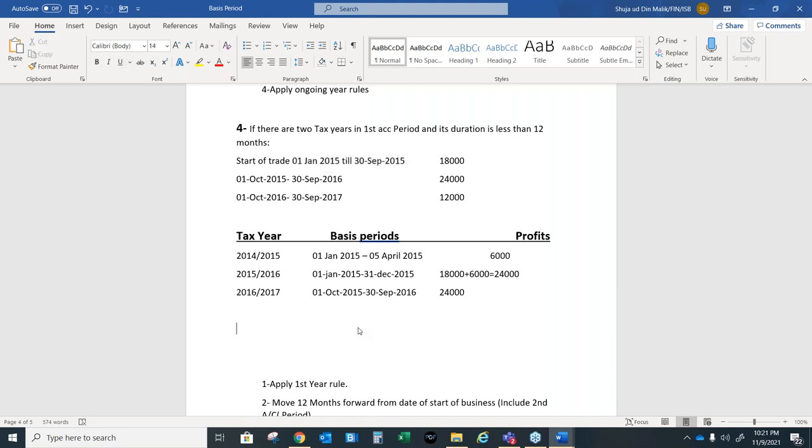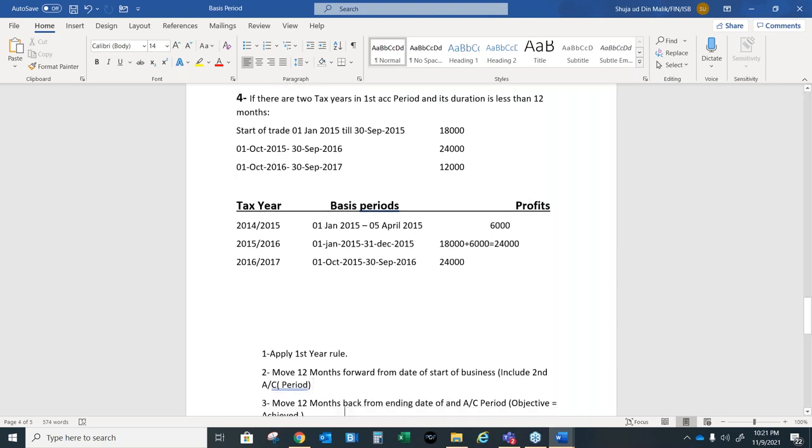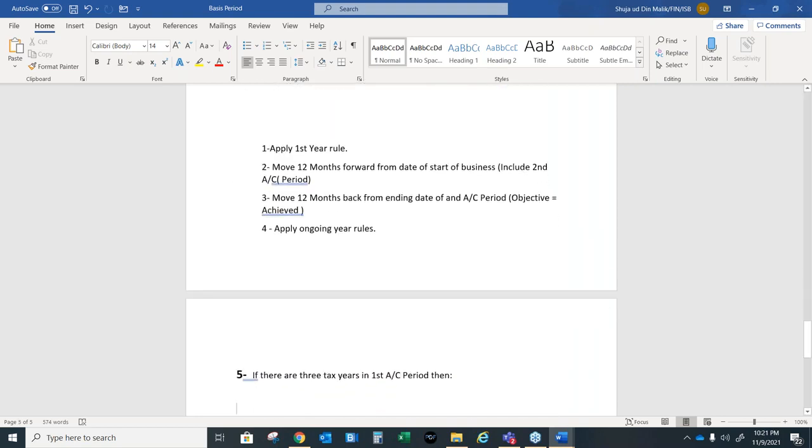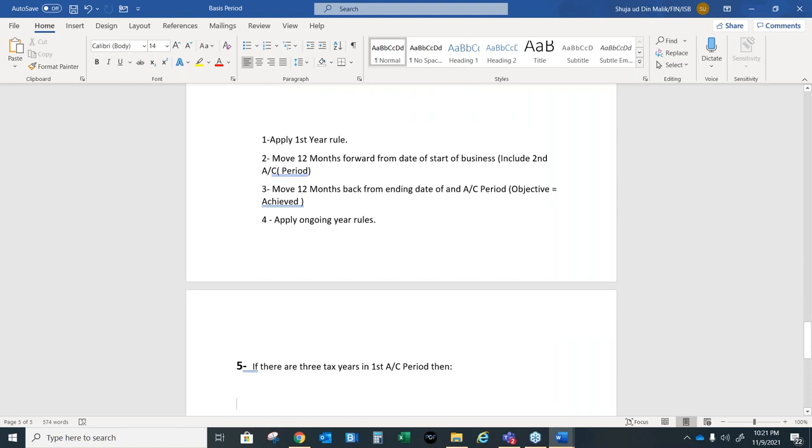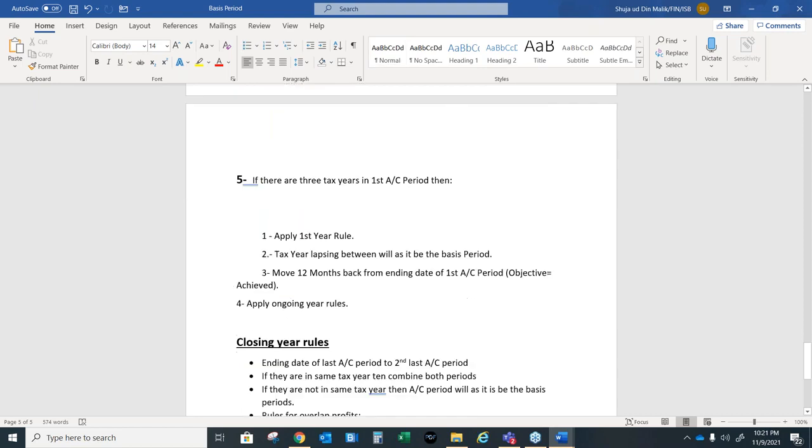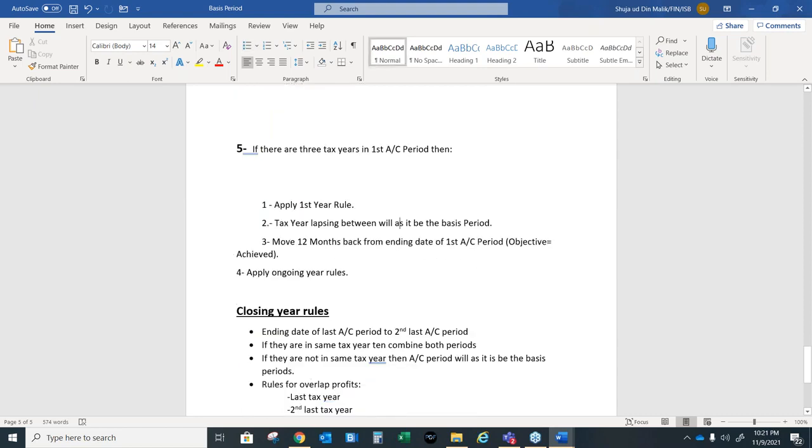No worries at all. Okay, so we have the next question for the basis period, where there will be 3 tax years in the first accounting period. Let's find a question for this.